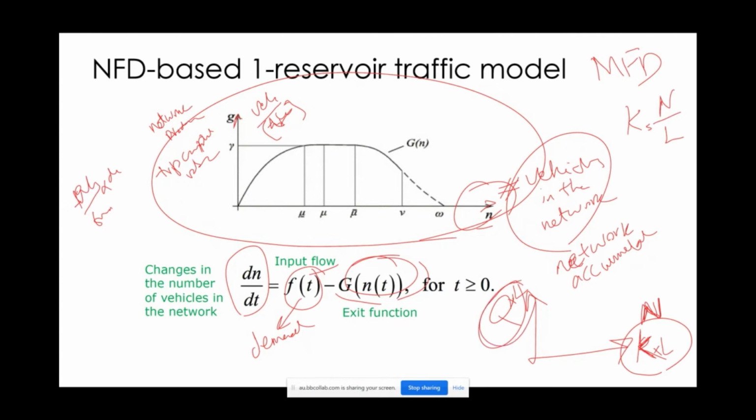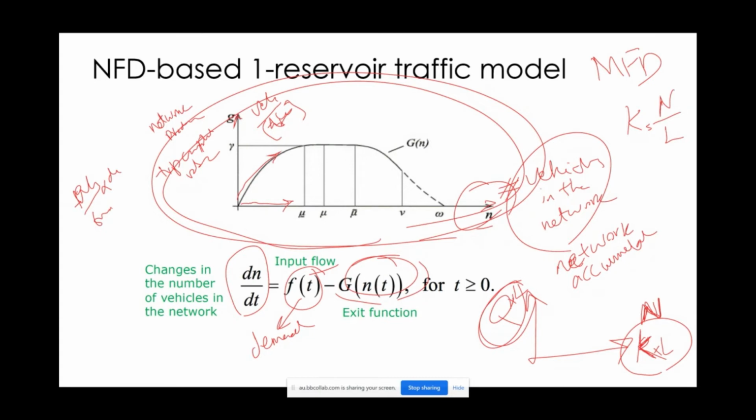It is equivalent to this relationship that we're seeing on this graph, which says, as the number of vehicles in the network starts increasing, sure, people are more and more finishing their trips.